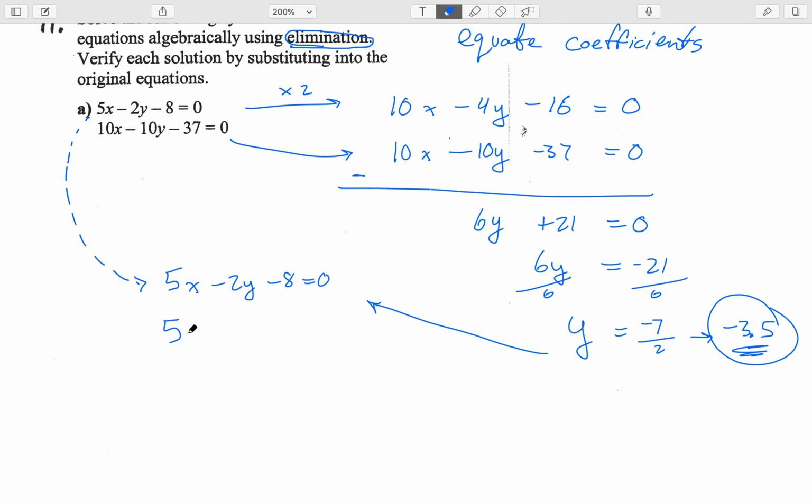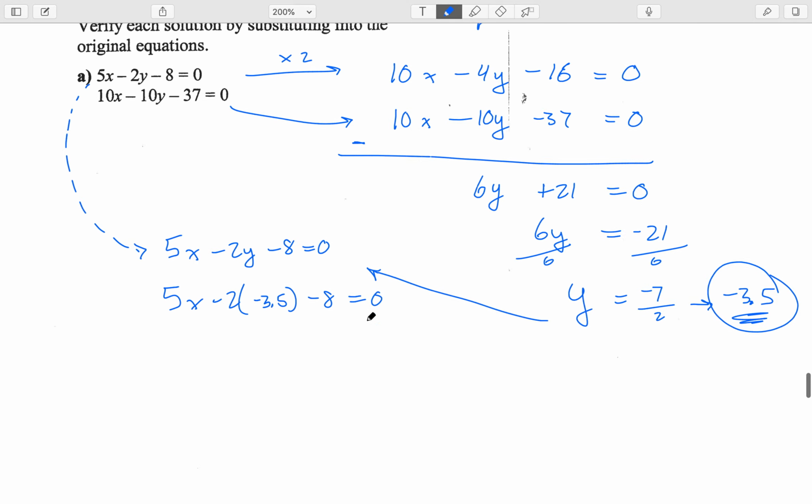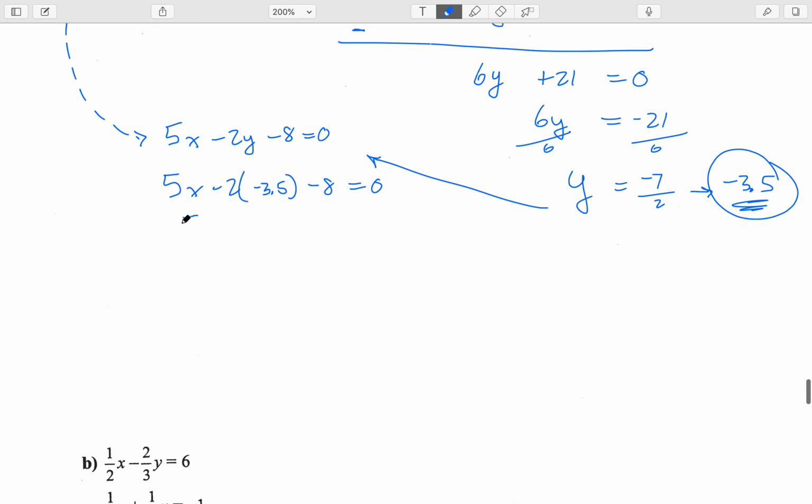So 5x minus 2 times negative 3.5 minus 8 is 0. What do we get? 5x plus 7 minus 8 is equal to 0. So this is 5x minus 1 is 0. Or in other words, 5x is equal to positive 1. X is equal to 1/5.